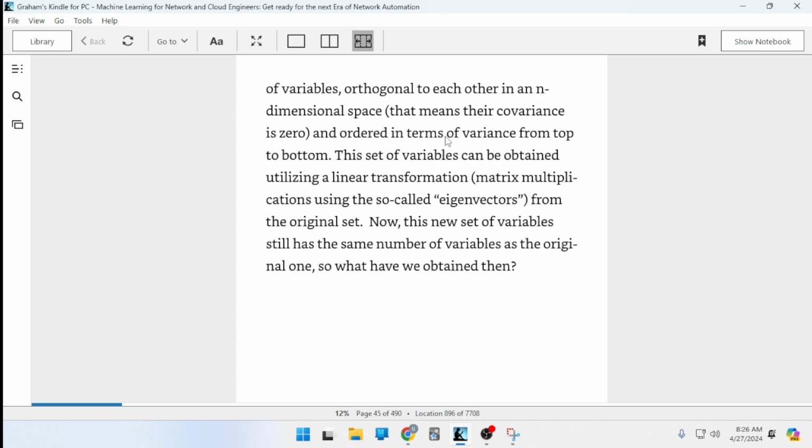This set of variables can be obtained using a linear transformation, matrix multiplications using the so-called eigenvectors from the original set. Now this new set of variables still has the same number of variables as the original one. So what have we obtained then?